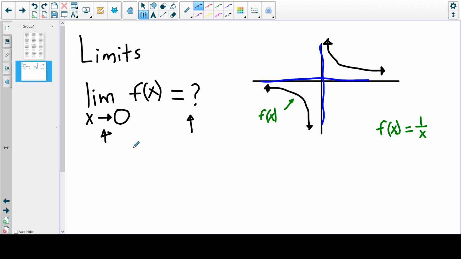For an example, I'll use this graph. Say we want to describe this end behavior, which goes to 0 in the infinite negative x direction.